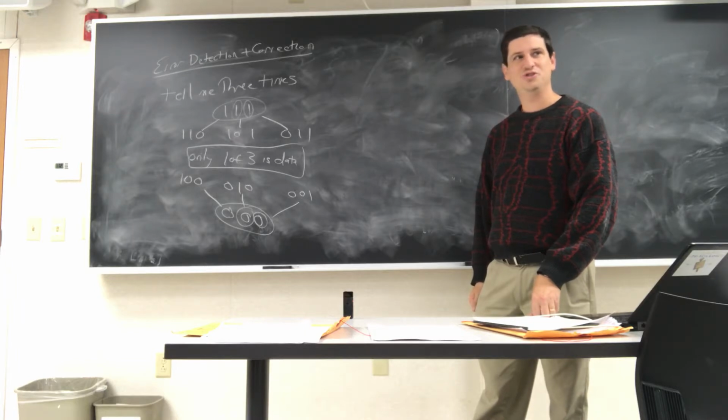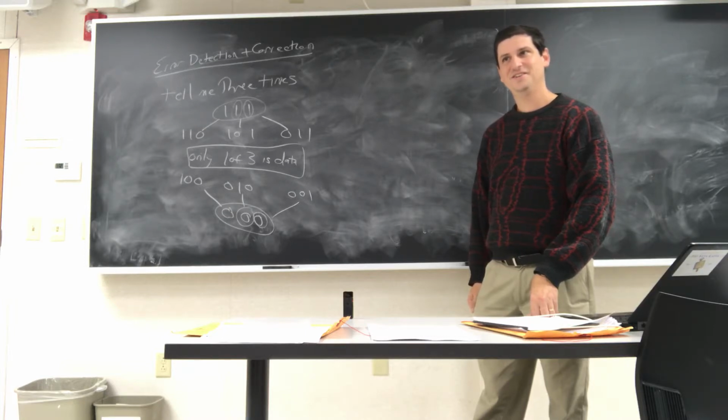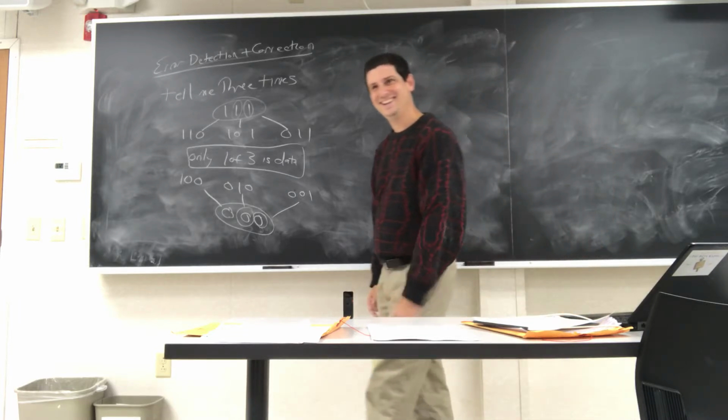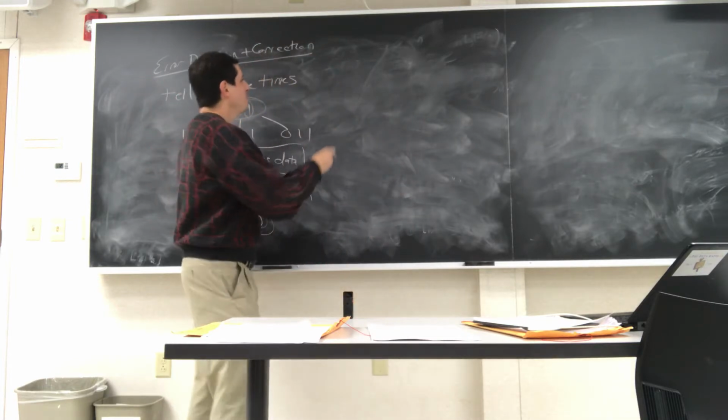What do you think the next one we should transmit should be? How many pieces? 9. Nope. 5. Nope. You're close. It is between 5 and 9. 7, of course, 7.